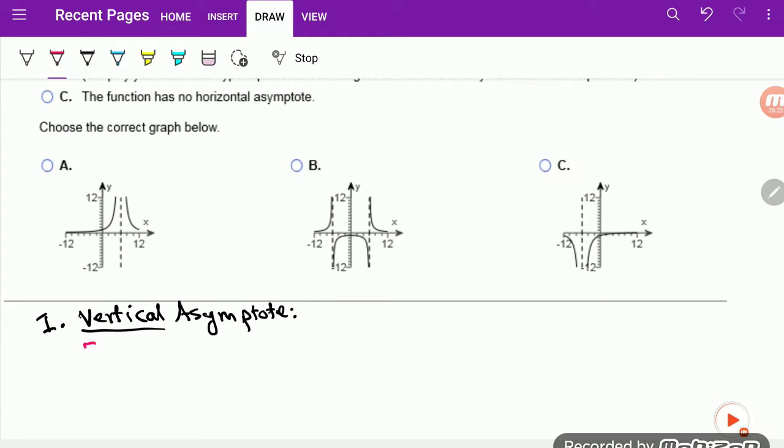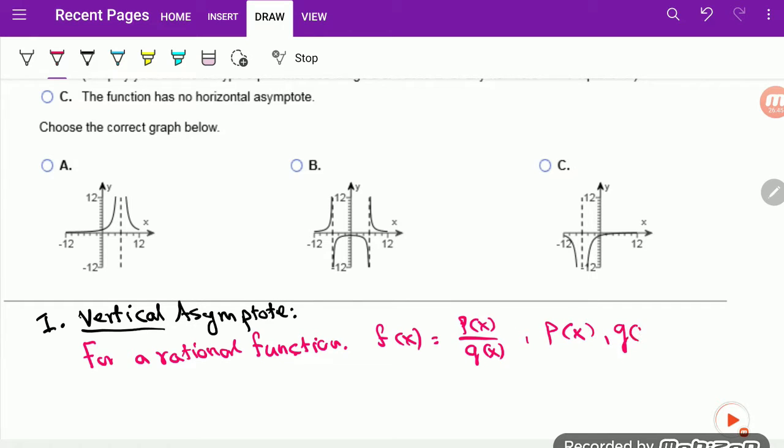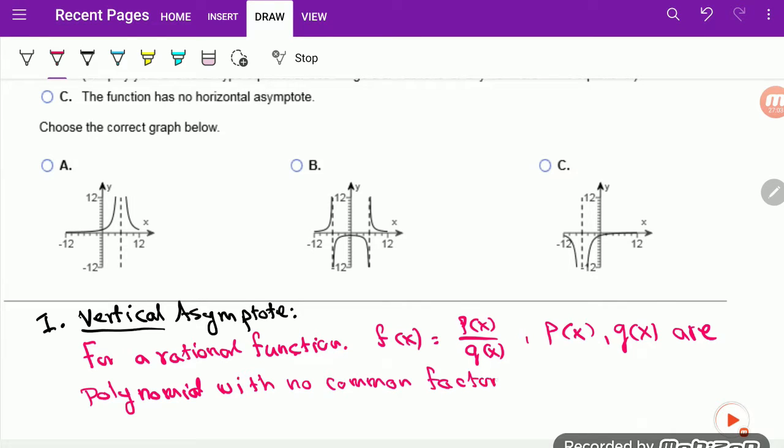For a rational function, f of x equals p of x over q of x, where both p of x and q of x are polynomials with no common factor, other than a constant.